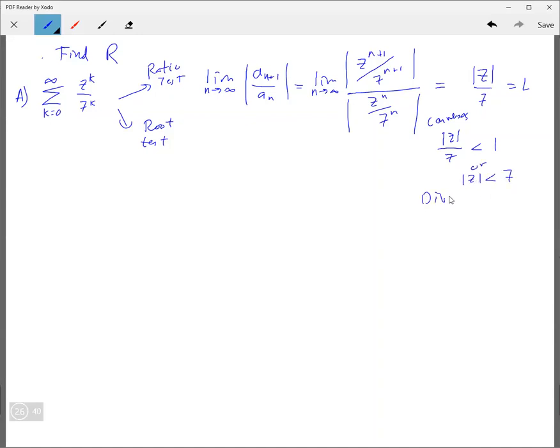And you're going to diverge if it's greater than 1, or modulus of z greater than 7. So that means the radius of convergence is 7 in this case.